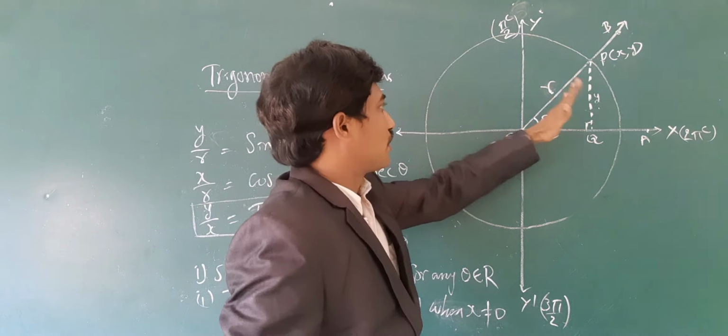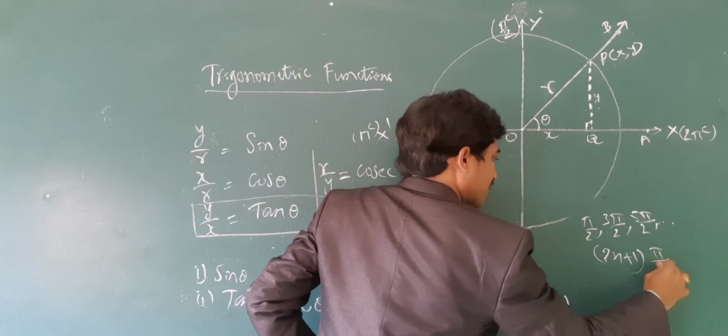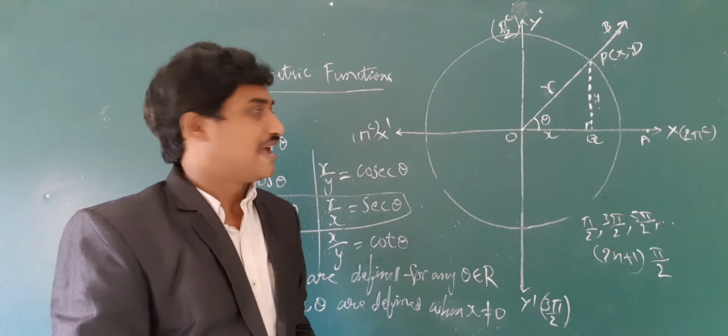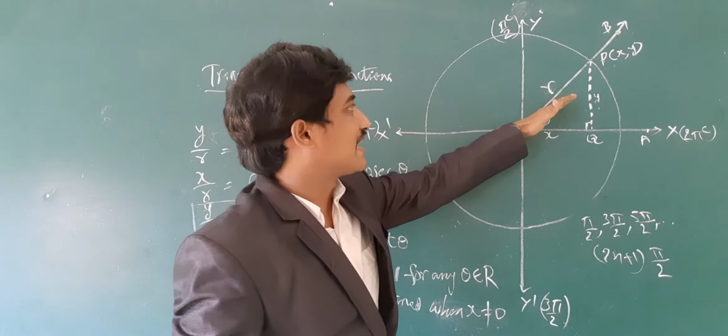That means (2n plus 1) pi by 2. In that case the terminal side coincides with the y-axis and the x value is 0, so tan theta and secant theta are undefined.